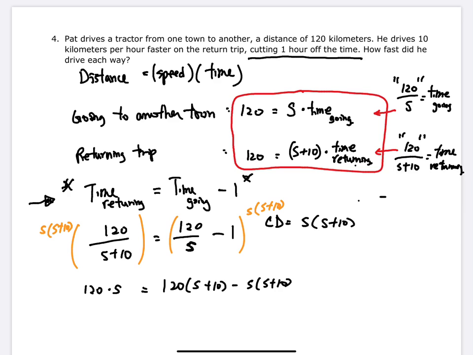Okay, so this is going to be a little bit messy, but we'll get through it. So 120s equals 120s plus 1200 minus s squared minus 10s.